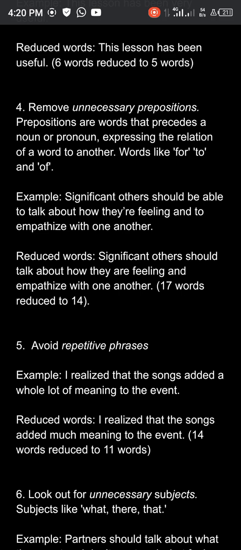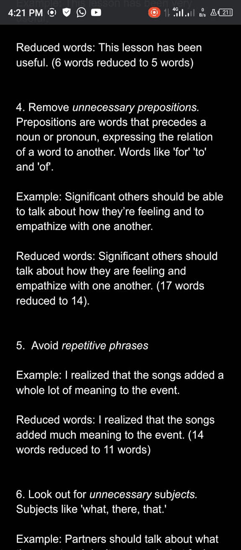What are prepositions? Prepositions are words that precede a noun or pronoun, expressing the relation of a word to another. We have words like for, to, as in F-O-R, for, to, and of. All these words consume lots of space. It makes your essay voluminous.